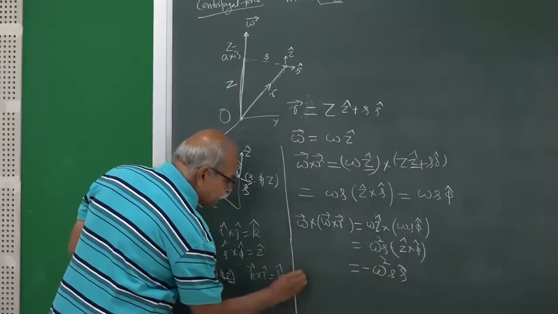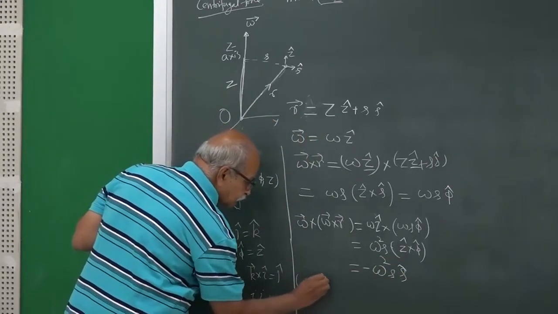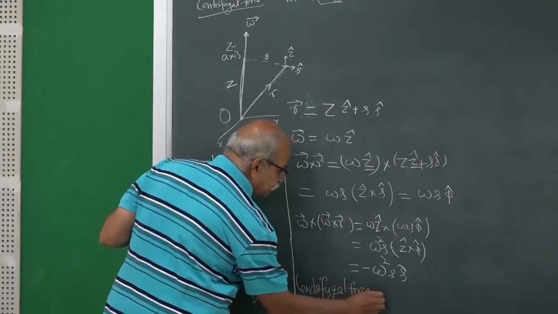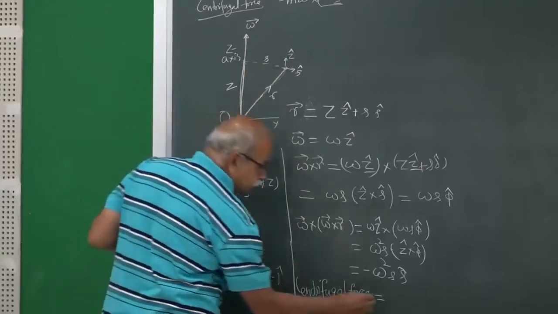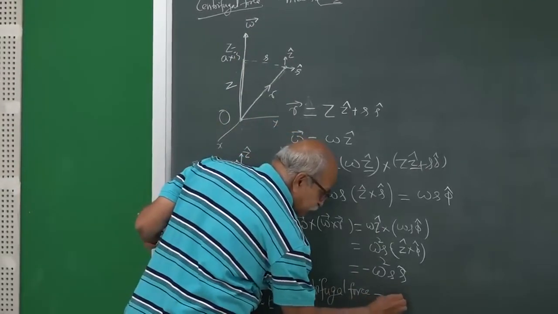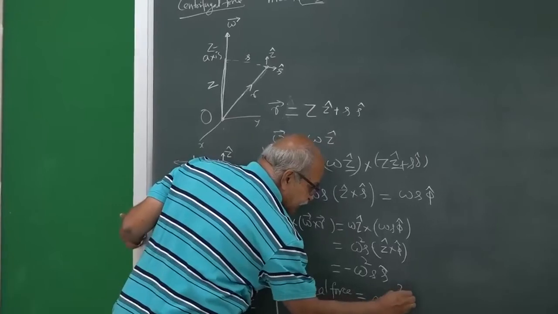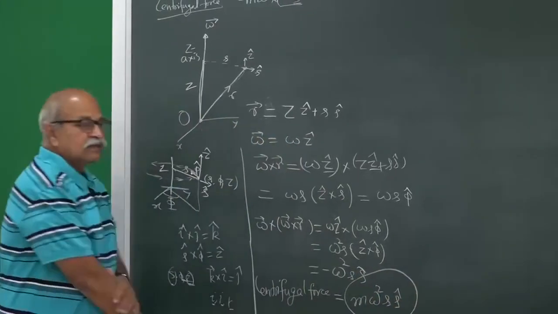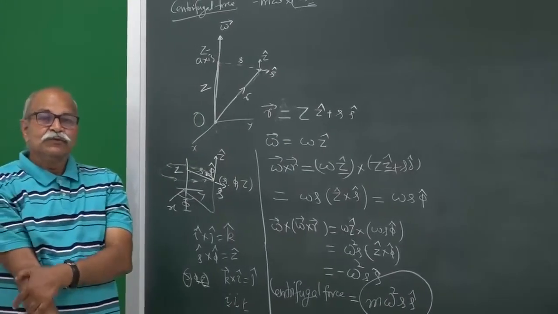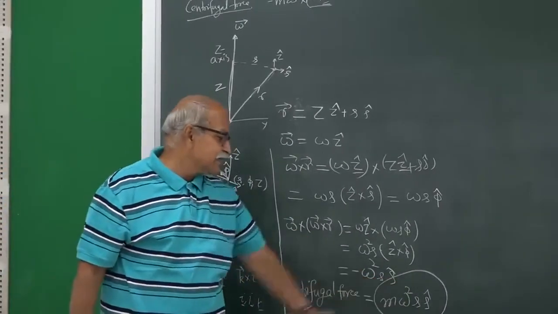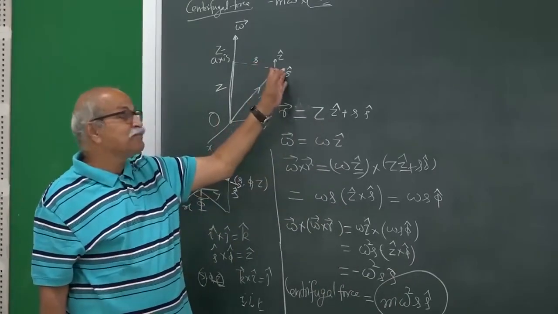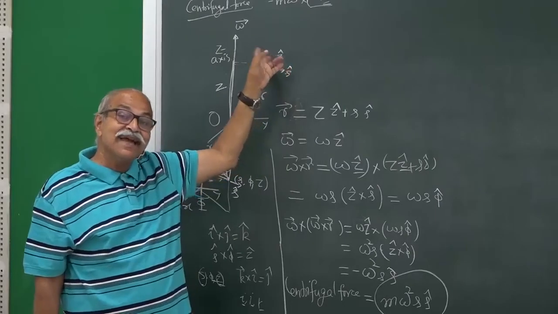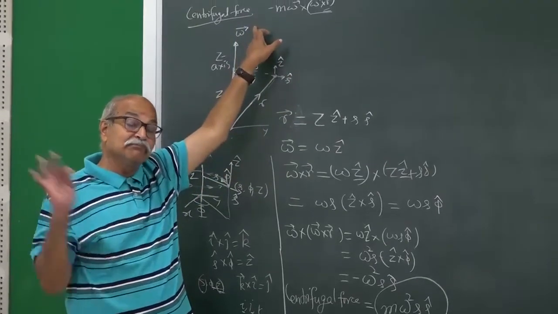So, centrifugal force is minus m. So, this minus becomes plus m omega square s and s cap. So, what is the magnitude? Magnitude is m omega square s, and what is s? S is the perpendicular distance of the particle from the axis of rotation of the frame.